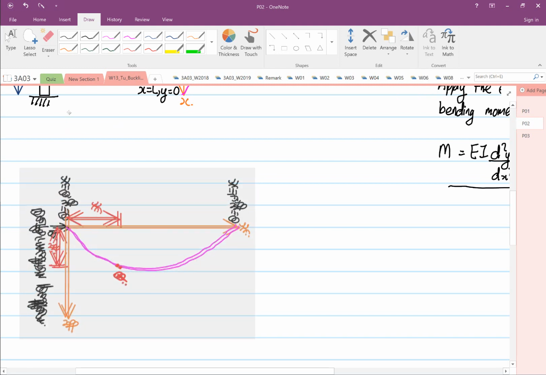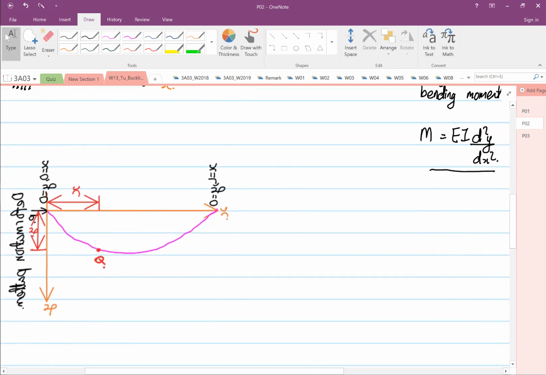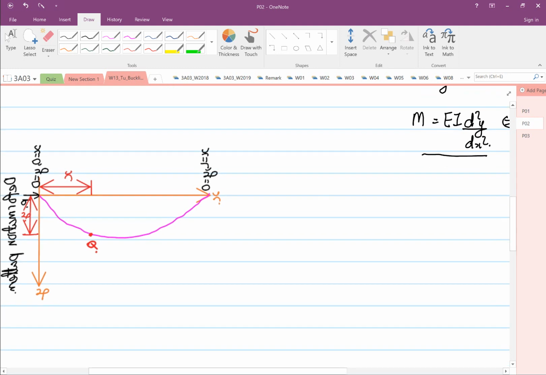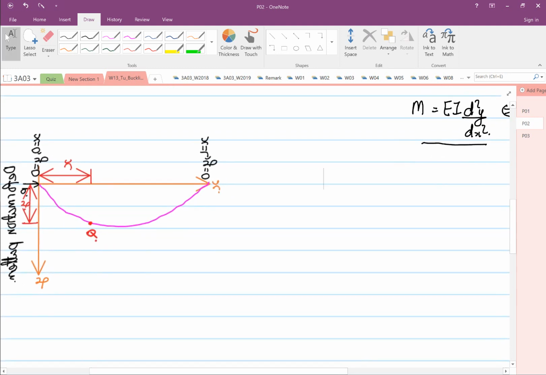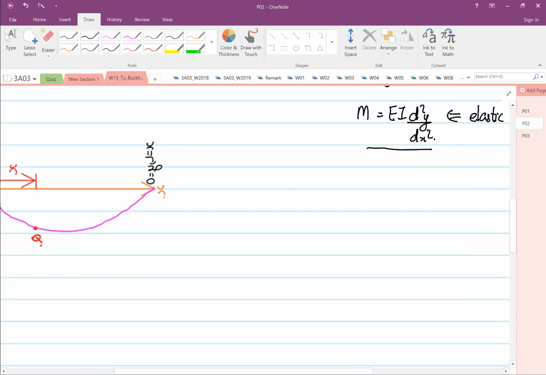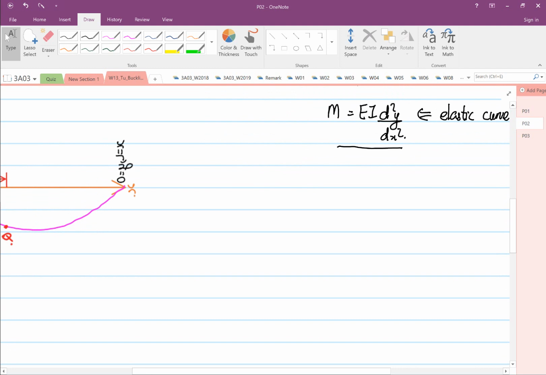You can see from here, I do apologize, the text is a bit off, that you can form an equation coming from our elastic curve equation.